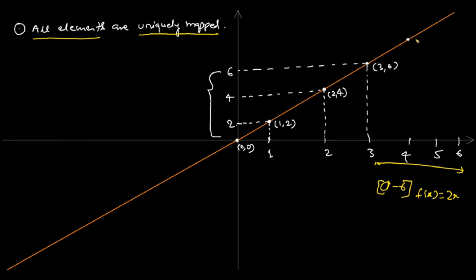You can see it's a continuous graph. So for every point in x up to 3, you have an image. If your codomain is 0 to 6, then for every point from 0 to 3, it is uniquely mapped.